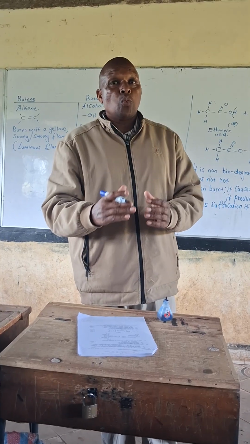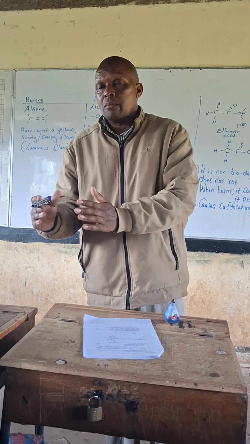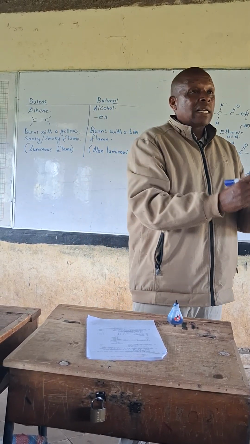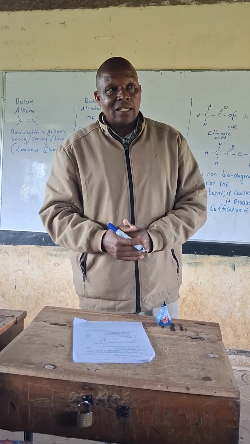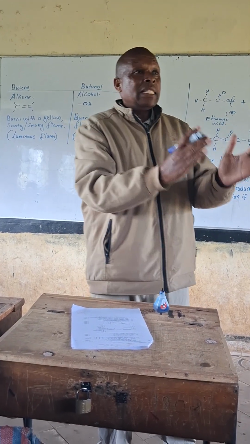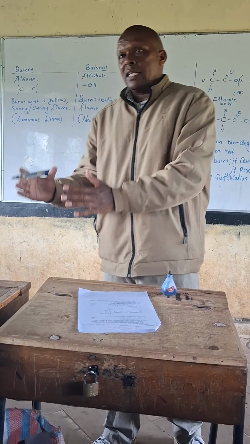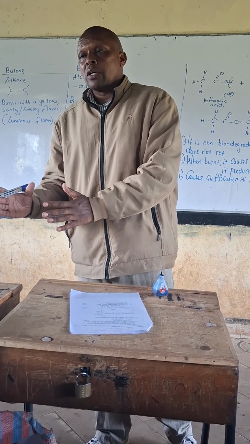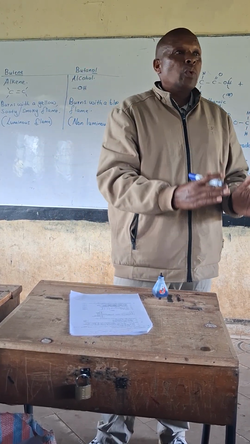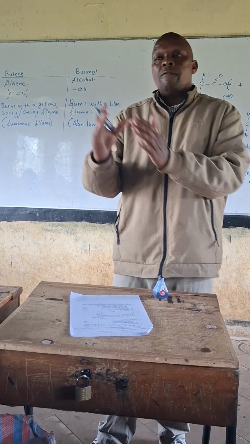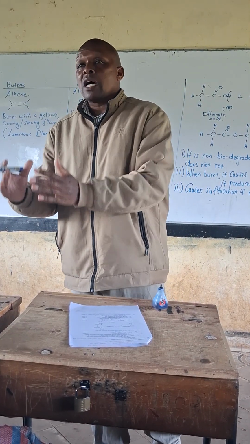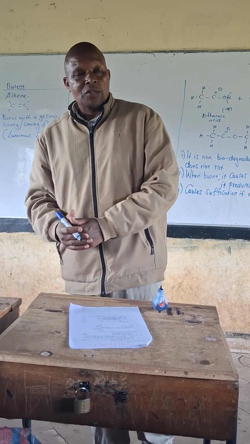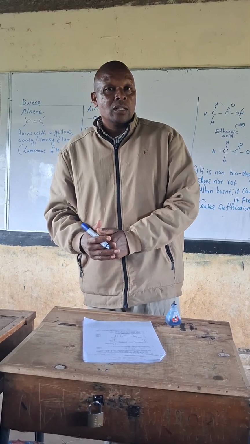Butene burns with a luminous flame, while butanol burns with a non-luminous flame. Or you can say, butene burns with a yellow, sooty flame, while butanol burns with a blue flame. Very good.